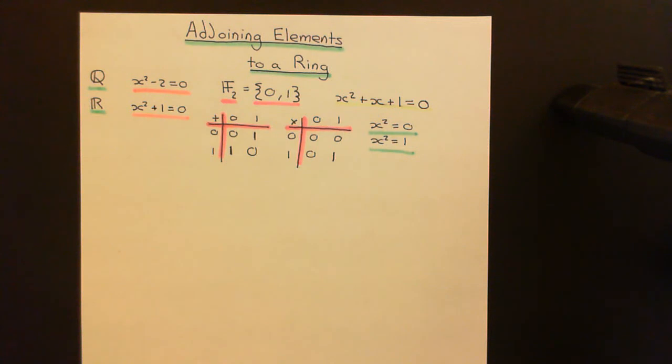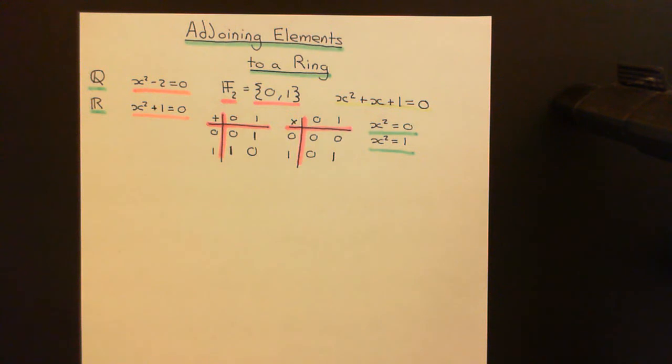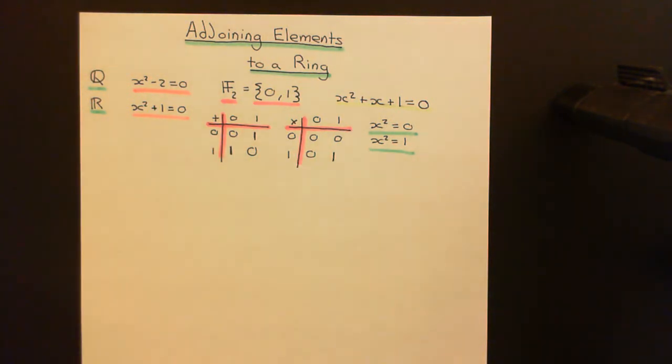We'll use one that doesn't have a solution at all, so that we stick with our normal motivation for actually doing this. Okay, so what I want to do then is I want to just stick in another symbol into this number system that is going to satisfy this equation. So I want to extend this number system, put more stuff into this number system so that I now do have an element that actually satisfies that equation.